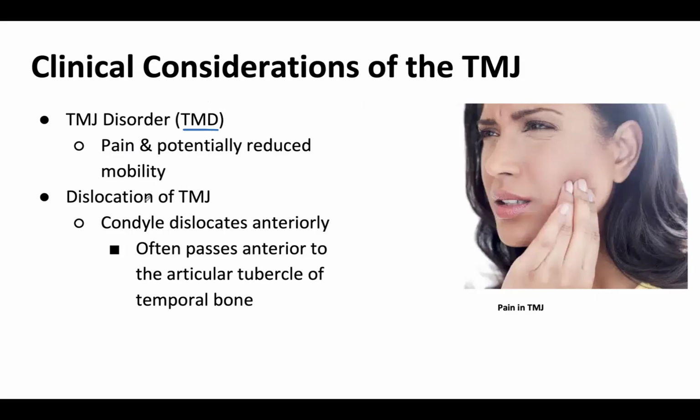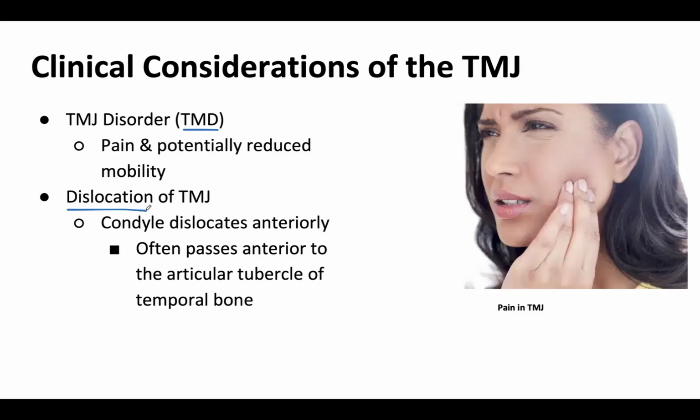Another clinical consideration is dislocation of the TMJ. So in general, dislocations are a displacement of a bone from its typical place in a joint. So we'll be talking about dislocations in other joints as well. This can be caused by tearing of the articular capsule or tearing of the surrounding ligaments and tendons that help keep things in place.